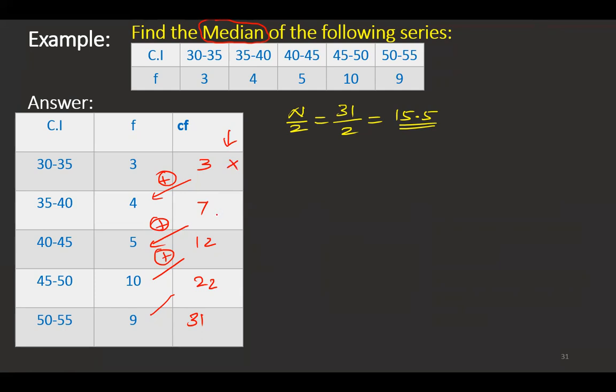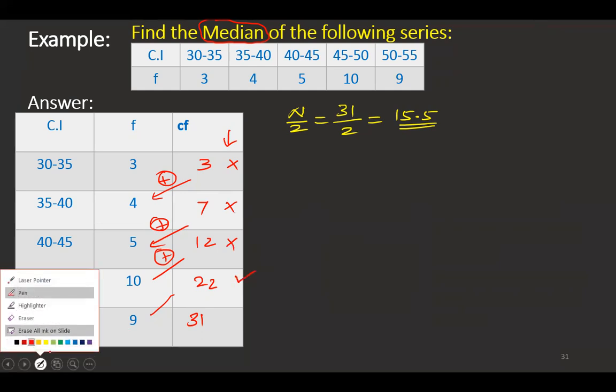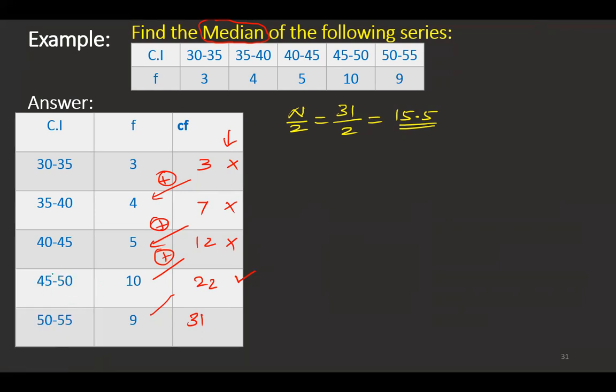No. 15.5 comes here. So I'm going to mark this particular thing as the median class. Okay, I will mark this as a square and I'm going to call this as the median class.